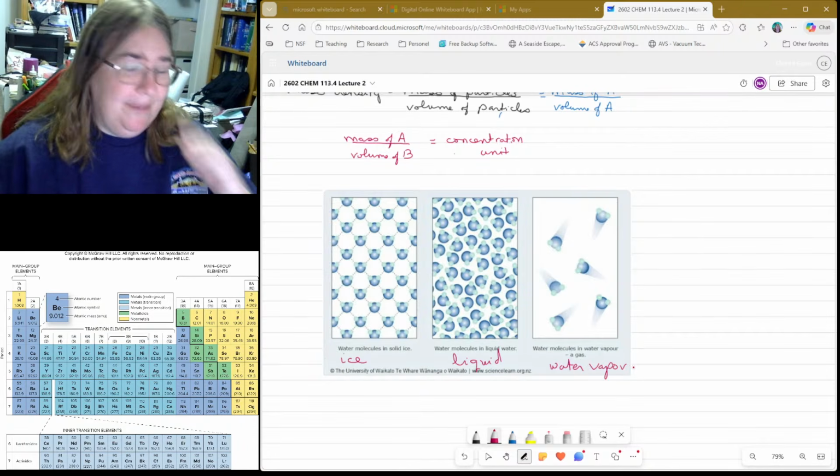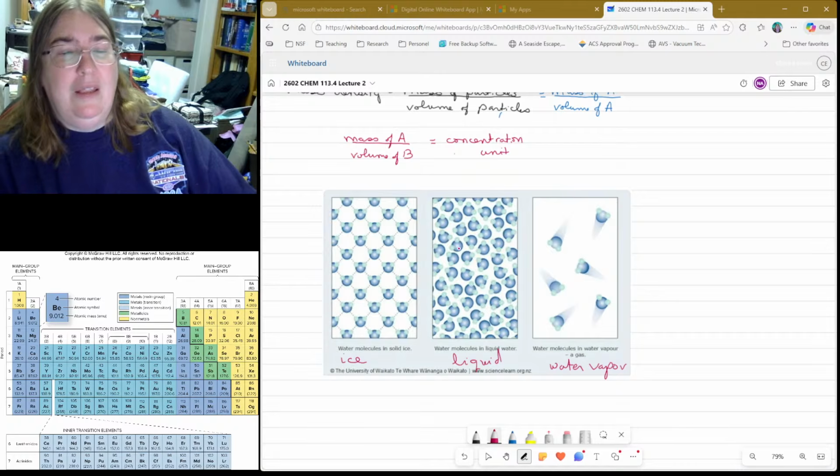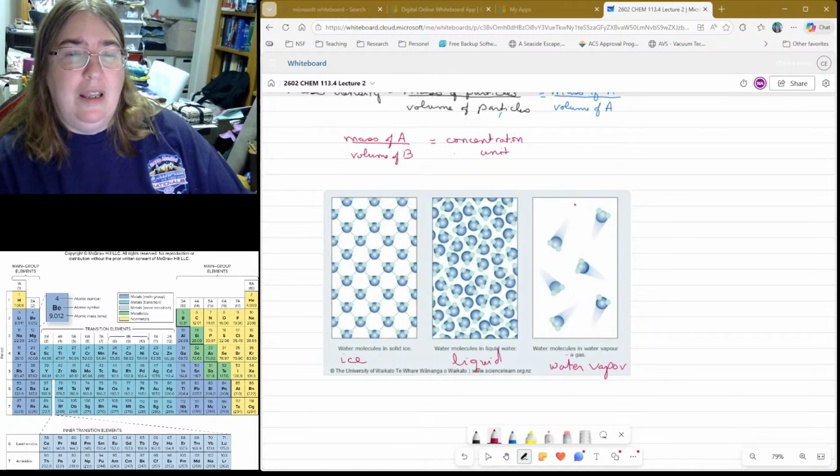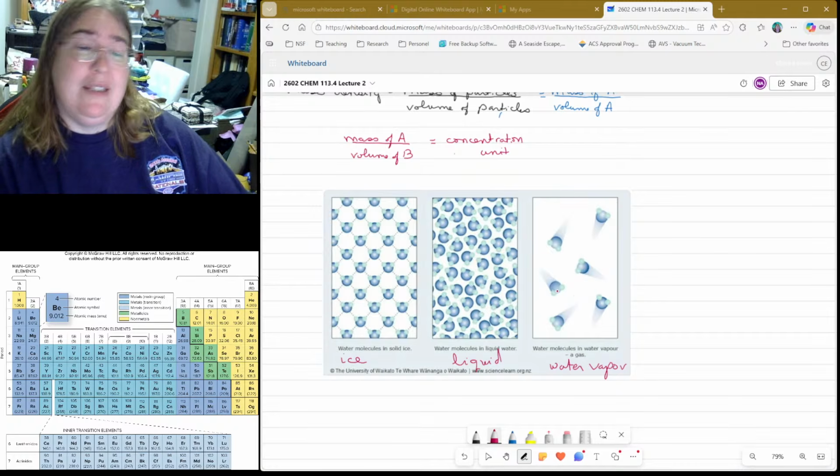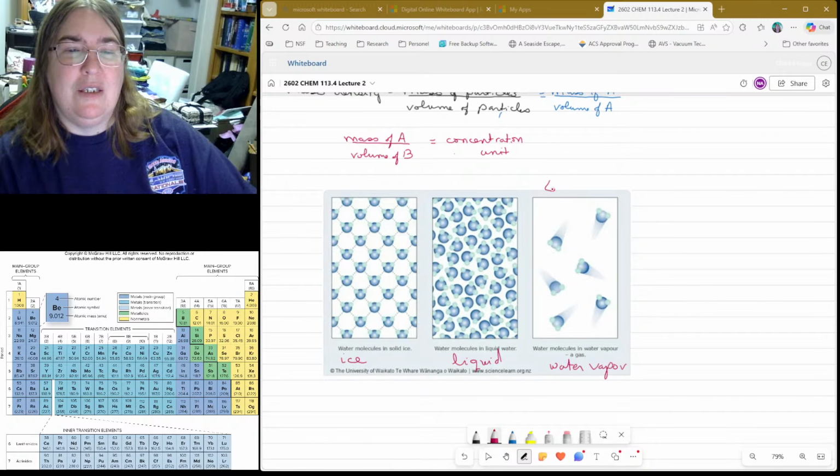Now notice that the volume of the box is the same. So here, my density is 1, 2, 3, 4, 5, 6. So 6 water molecules per volume.